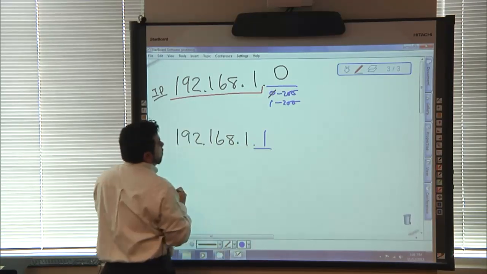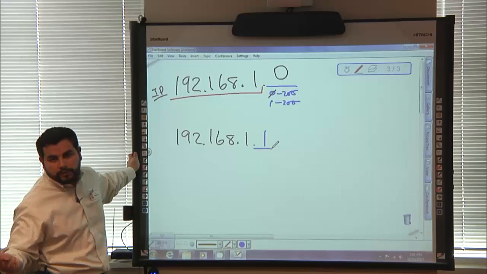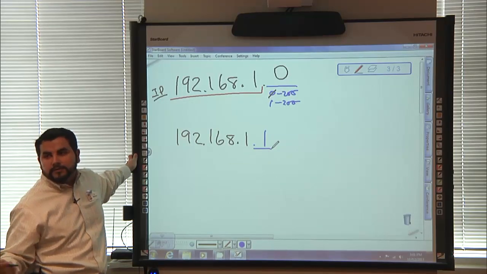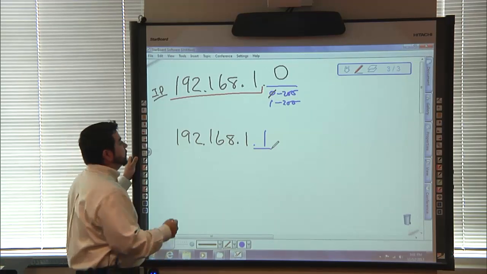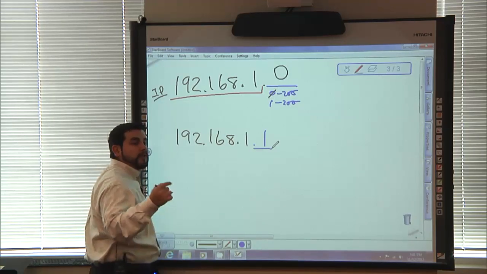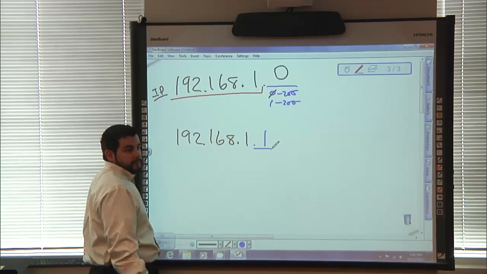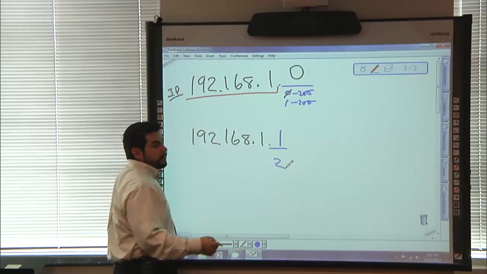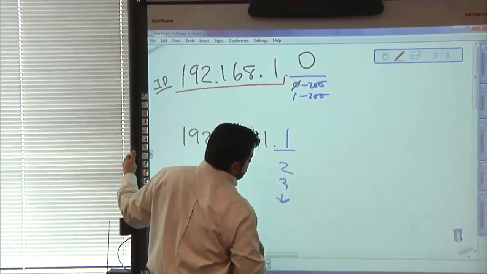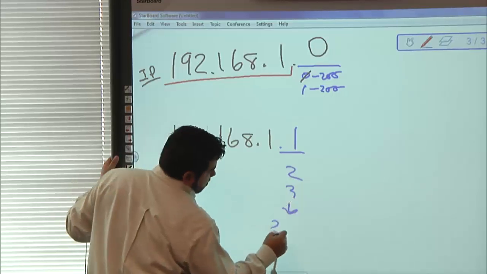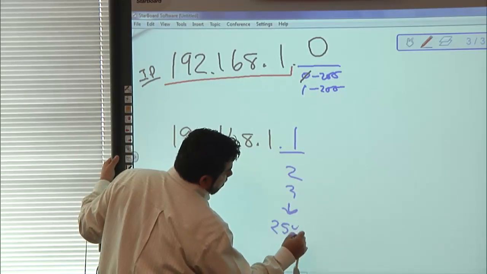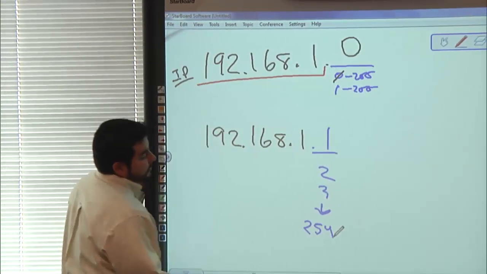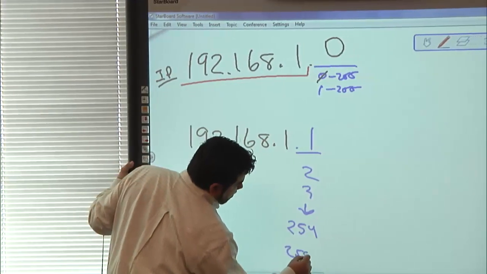You'll probably go to your router or your server to start giving out IP addresses to everybody else. What is the very next one your next computer can use? 192.168.1.2, and then 3, all the way down to 254. And then the last one would be 255.